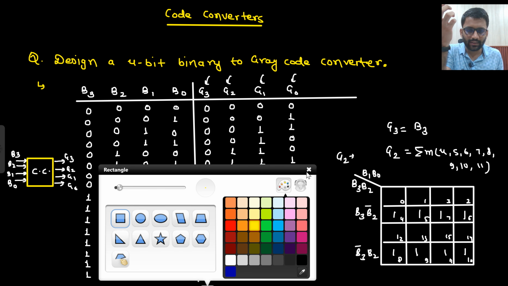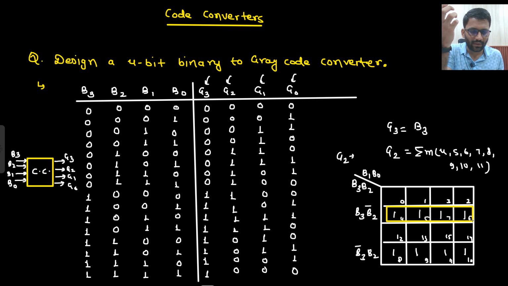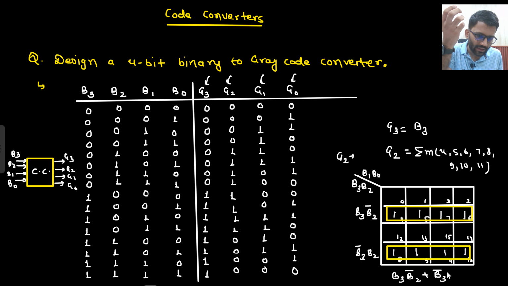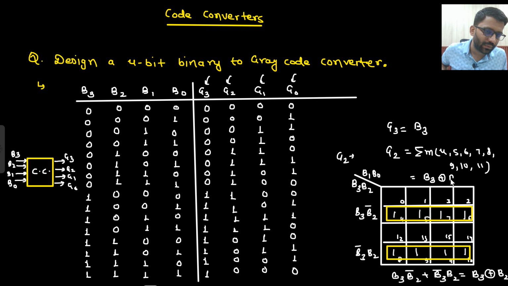I just need to minimize it, and directly I can see this is a quad and this is another quad. So these two are the quads. This quad is B3 B2 bar plus B3 bar B2, that is equal to B3 XOR B2. So G2 you get is B3 XOR B2.